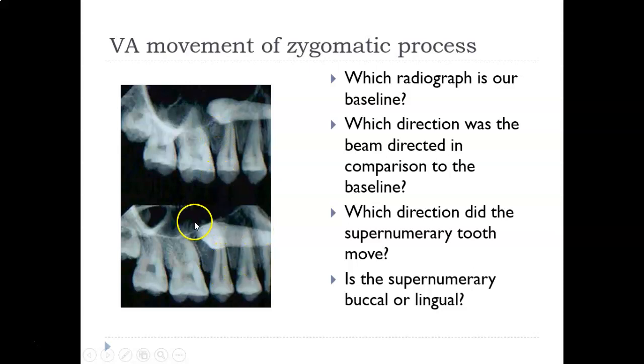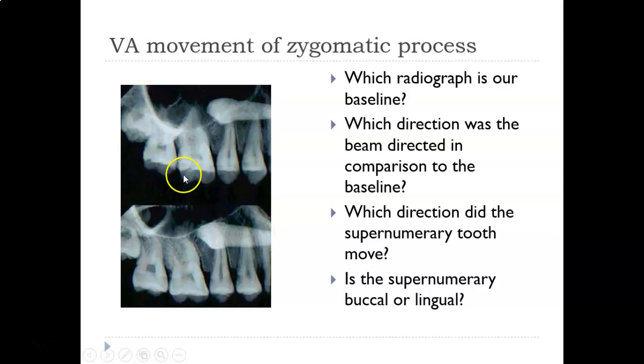But what happened to this impacted canine? The impacted canine rose up. In this picture, it went from here to up here. It kind of looks higher on the ends of the roots there. So that means that this impacted canine is more toward the lingual than toward the buccal, because everything that we know that is buccal moved in the same direction, but our object moved in the opposite direction.